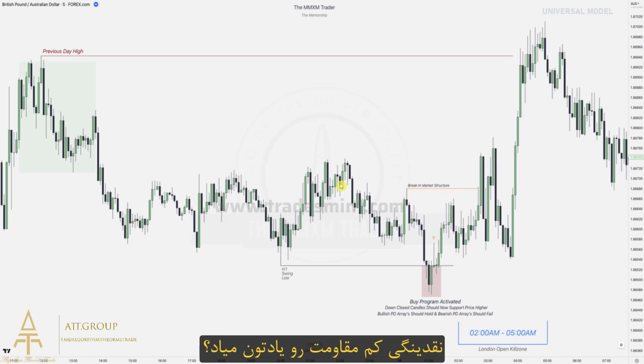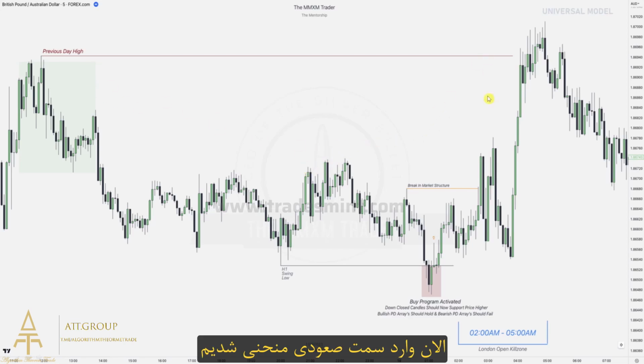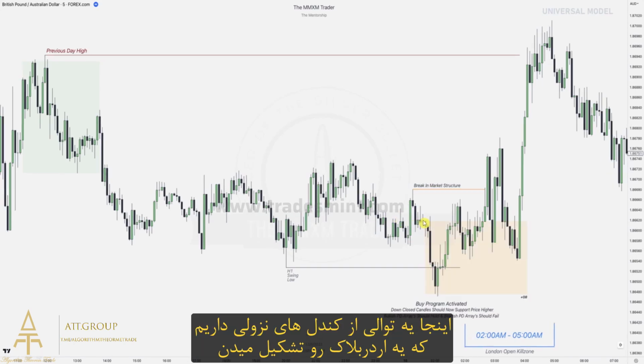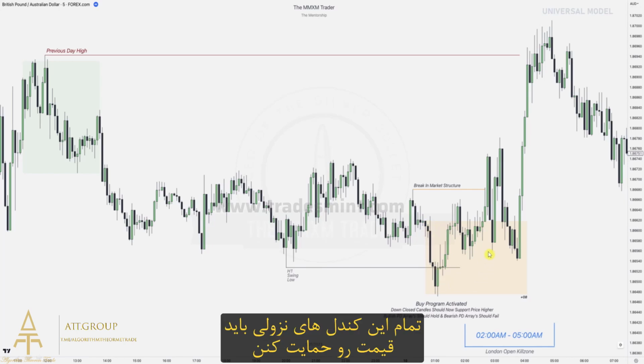And remember about that low resistance liquidity, right? We're looking for failure swings and equal highs and equal lows. So we're going into buy side of the curve. Now let's outline our PD arrays. We've got this whole set of down close candles being a bullish order block, right? So we're in a buy program, so all down close candles should support price up higher, right?